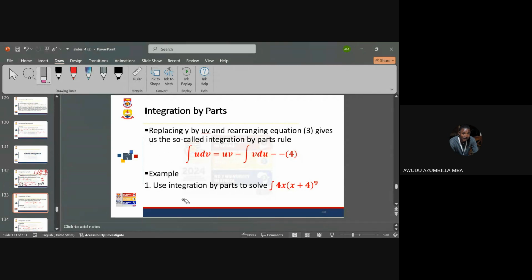Use integration by parts to solve this problem. So let's see how we are going to solve that problem.